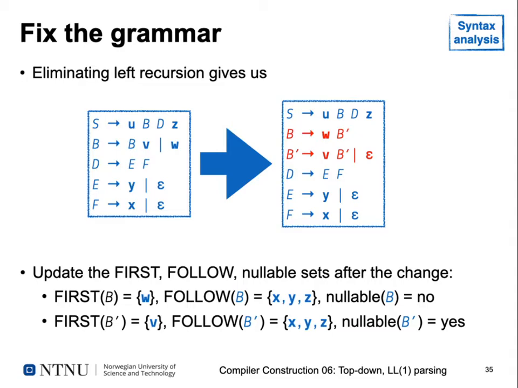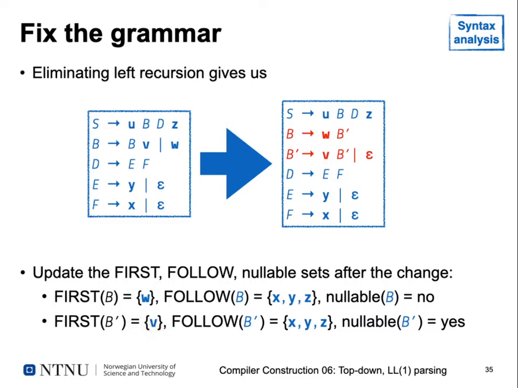So now, after we did this, we need to update the first, follow, and nullable sets, because we have another production here. So first of B, we now know, is always a W, because it's only one rule that starts with a W. Follow of B can be X, Y, or Z. B is not nullable. And for B prime, we have to now determine the first set.